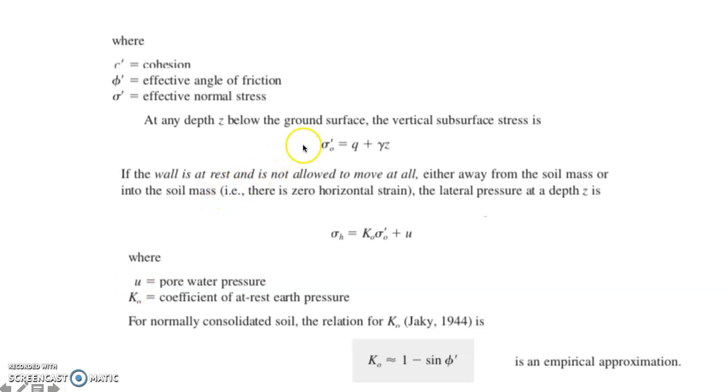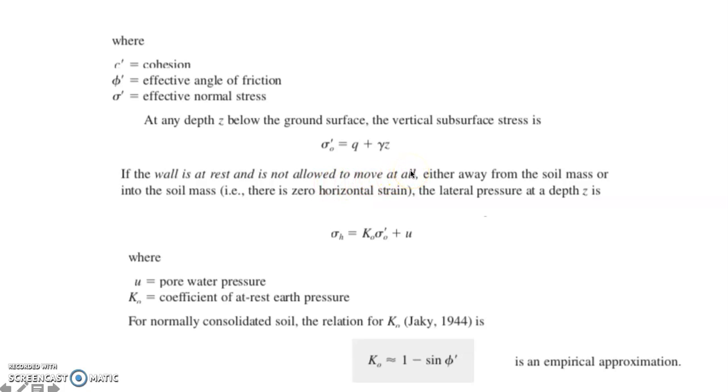If we're going to compute the vertical stress at depth z, that would be vertical stress is equal to Q plus gamma times Z. If you try to recall from your soil mechanics, to compute the vertical stress, that is unit weight times the height, which is denoted by Z. That is the formula for the vertical stress.